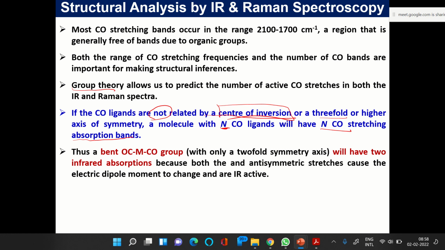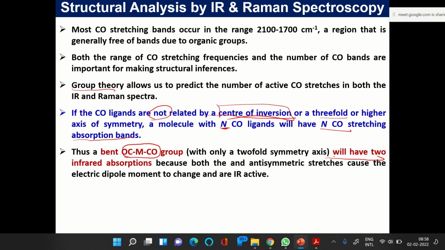If it is a bent condition, imagine OC-M-CO, bent or linear will have an effect on this, because in the bent condition you will have a twofold axis.